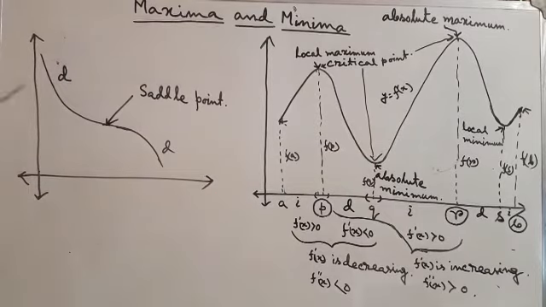But here you see in this graph decreasing then again decreasing, and at this point the first order derivative is also equal to 0 but there exists no such maximum or minimum value. That's why this point is known as a saddle point.